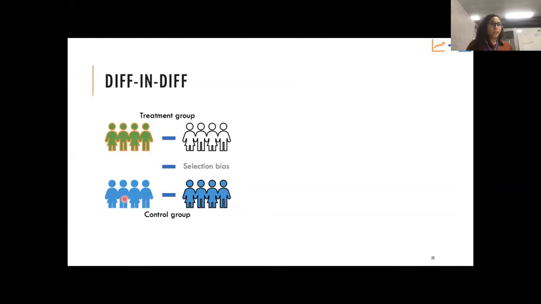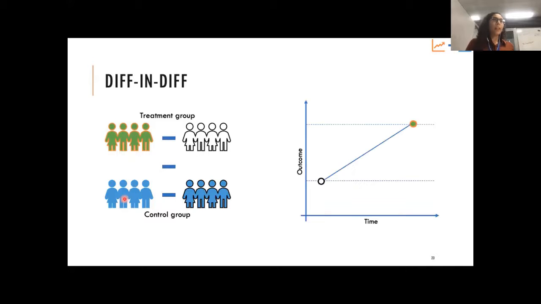And when we calculate that difference, we get rid of the selection bias. So we know that this is how much our treatment group grew over time in terms of school attendance, and this is how much our control group grew in school attendance, though they didn't receive the treatment.